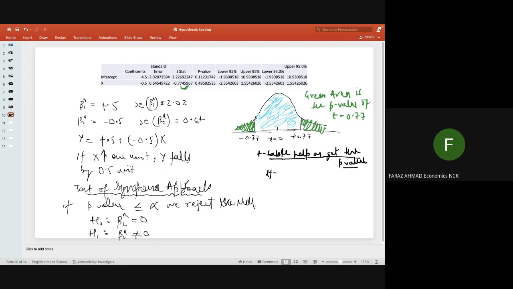So degrees of freedom is n minus k for t, and n in our case was 5 and k was 2, so degrees of freedom was 3. So 3 degrees of freedom will make up a t distribution, right? And then we will go into the t table and find out what is the p value. So let's see the t table now.